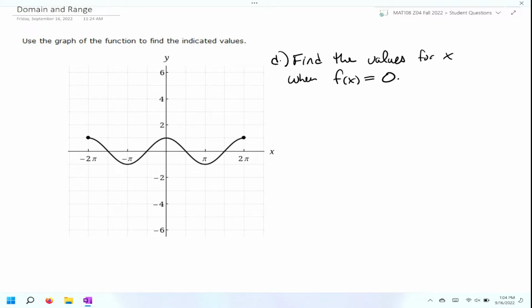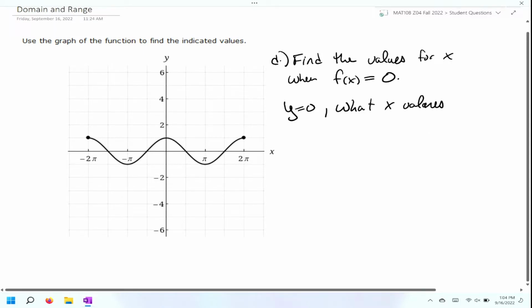Okay, I am back, and I wrote out the problem. It says, find the values for x when f of x equals 0. So what this question is saying is y equals 0. At what x values does this occur?